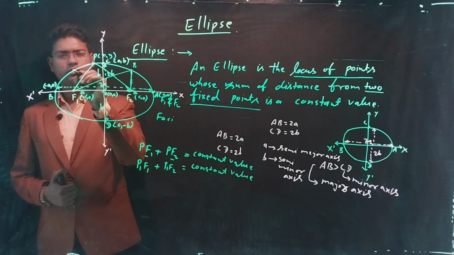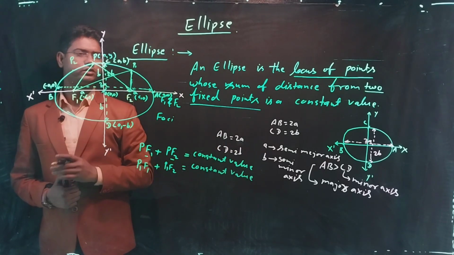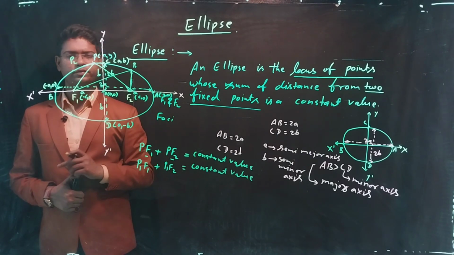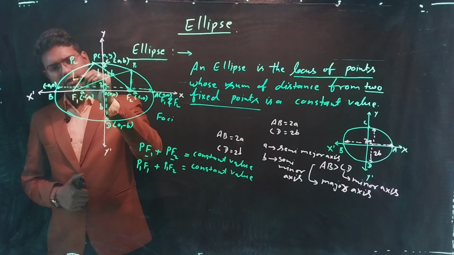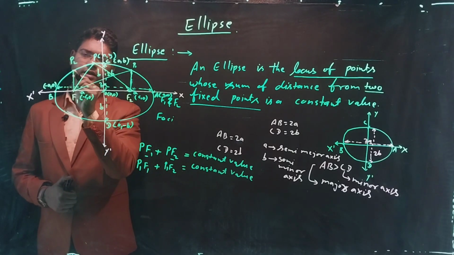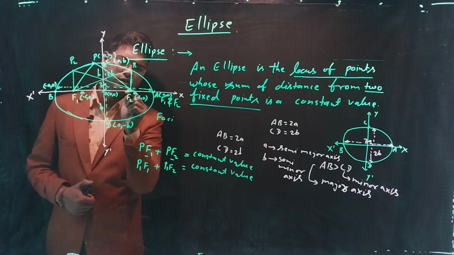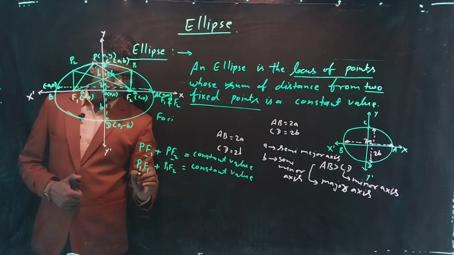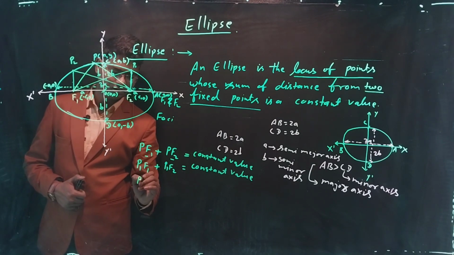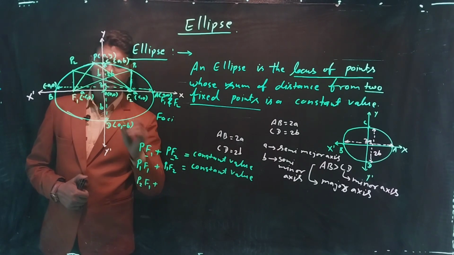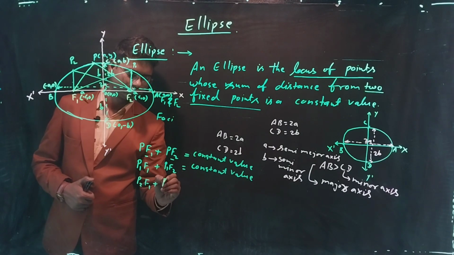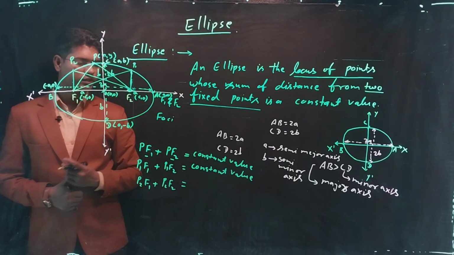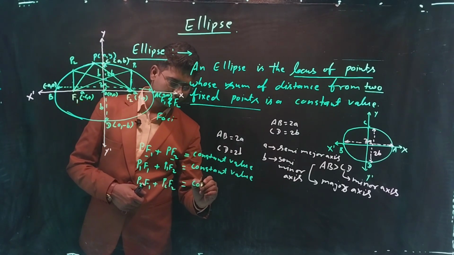Let's consider another point P2 on this ellipse. If we connect P2 with F1 and F2, then P2F1 plus P2F2 is also a constant value.